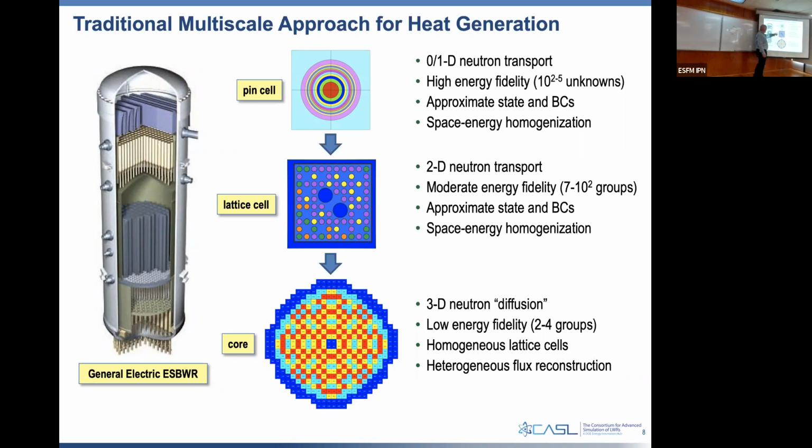We tabulated a whole bunch of things here so that in advance we had to pre-process everything. But we didn't have individual fuel temperatures. We didn't have the coolant density in each one of these channels individually. We had, here is this whole assembly average temperatures. Here's the whole assembly average densities.